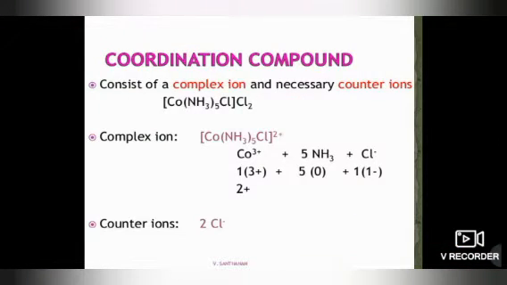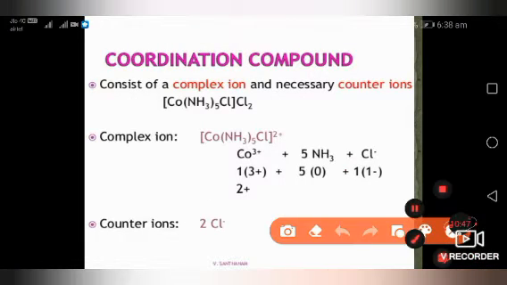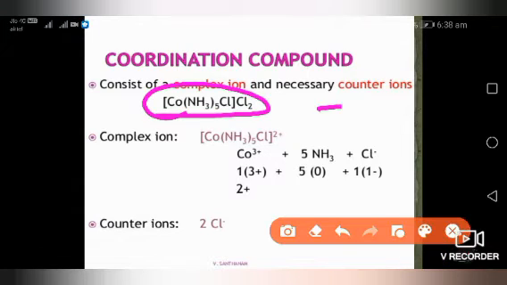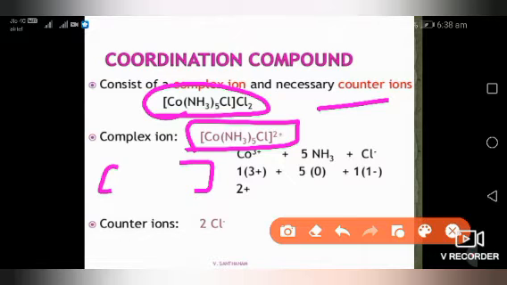Then if we talk about a coordination compound, it consists of a complex ion, a different kind of complex ion, which has the necessary counter ions. Suppose this is the complex ion, with 2 positive charge, present inside the bracket, in which NH3 is primary valency and Cl is secondary valency.